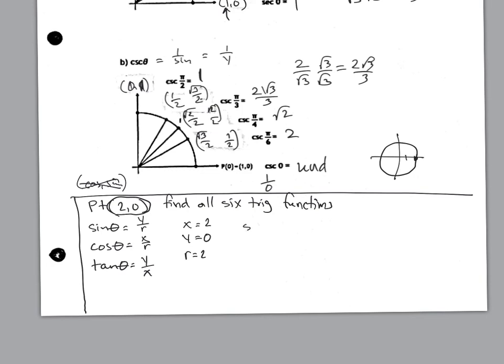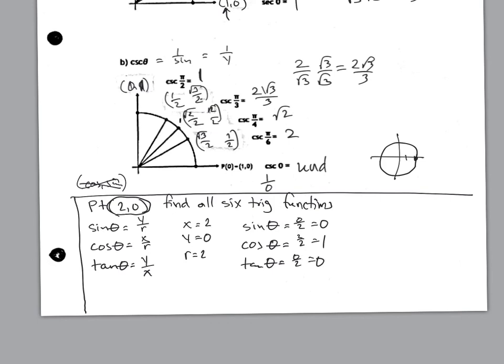All right, so here we go. Sine theta is going to be y over r, so 0 over 2, 0. Cosine theta, x over r, 2 over 2, so 1. Tangent is going to be y over x, 0 over 2, which is 0.